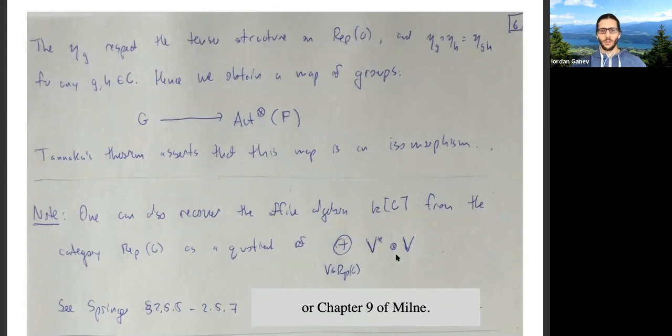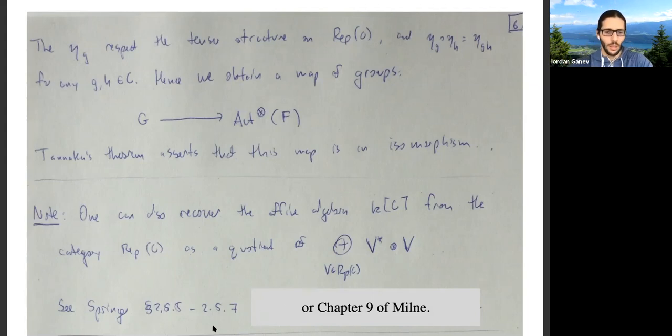You run through all the representations of G, and for each you take V dual tensor V. This is just some vector space, and you can define a quotient of this, which will be a certain algebra that may have nilpotents. Then if you quotient out by the ideal of nilpotent elements, you recover the affine algebra of G.